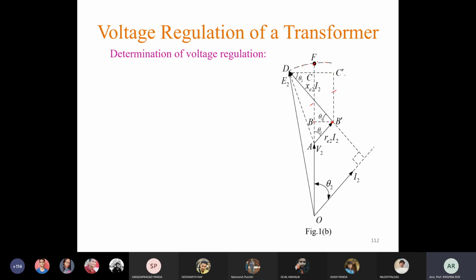So this line and this line are parallel. Is it clear? Yes, sir.